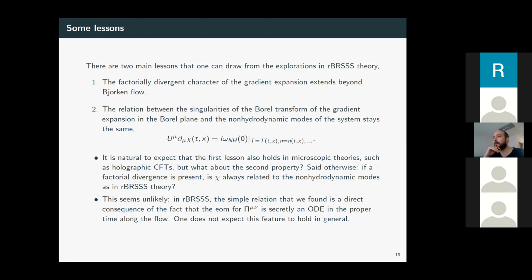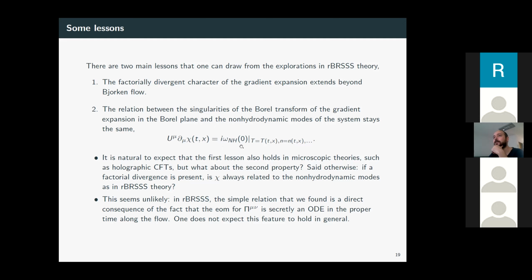But I would like to discuss a little bit about the second property. If there is a factorial divergence present, are we guaranteed that chi would obey an equation of this form? By that I mean, is it guaranteed that chi, the singularities in the Borel plane, are going to be controlled directly by the quasi-normal modes, the non-hydrodynamic modes of the system, evaluated at zero momentum?